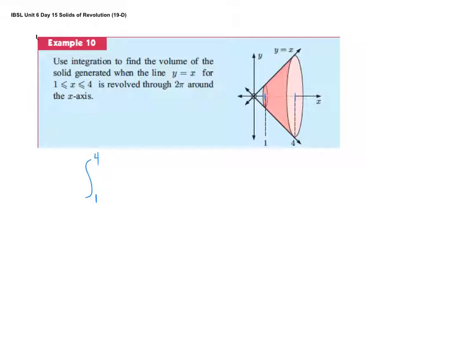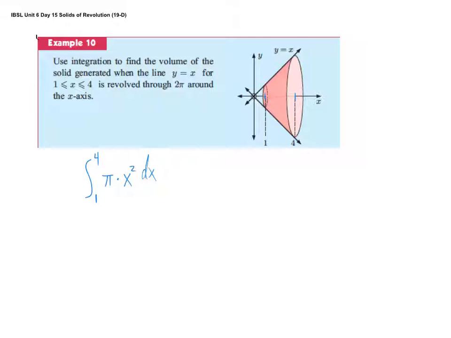And it's pi times the function, so in this case, the function is just x squared dx. Well, the dx is after the x squared, yeah.